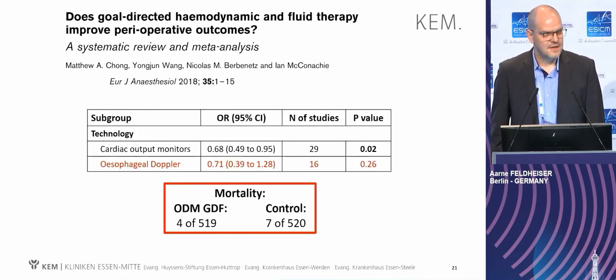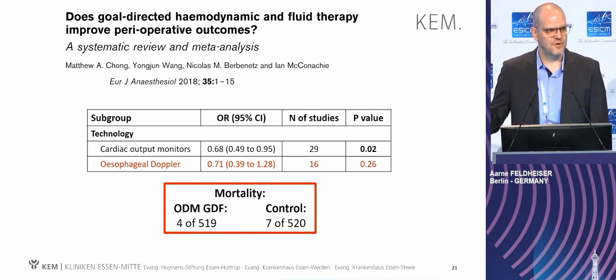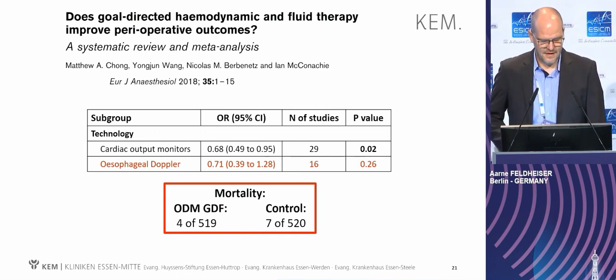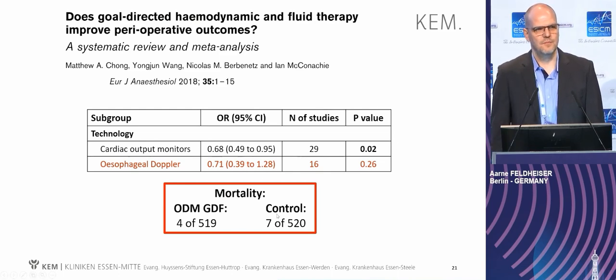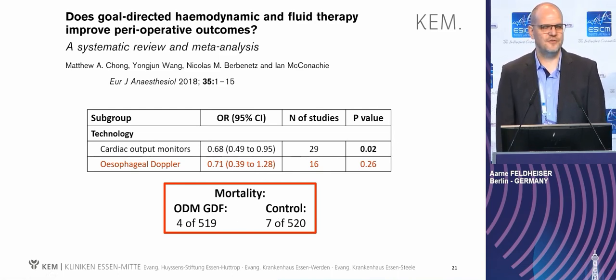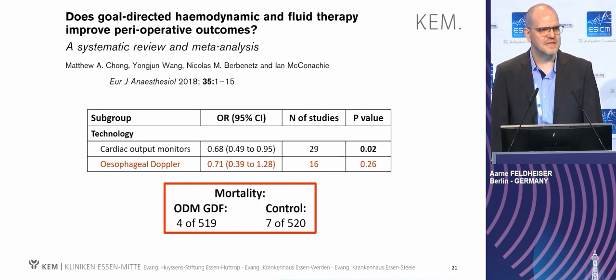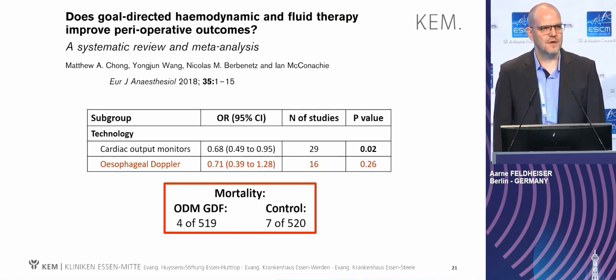But how is it? This is purely directed to improve mortality. So this was a mortality-driven meta-analysis. And if you look at the studies from the esophageal Doppler, they simply didn't have mortality in their study population, so there was no room for improvement, so they couldn't improve mortality.